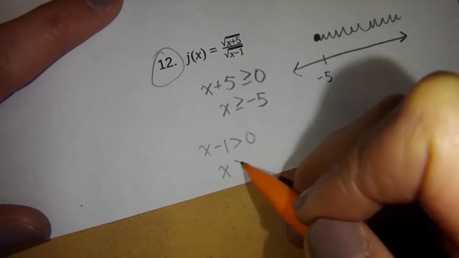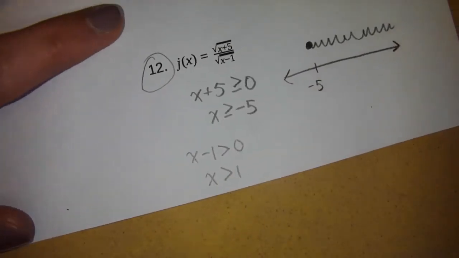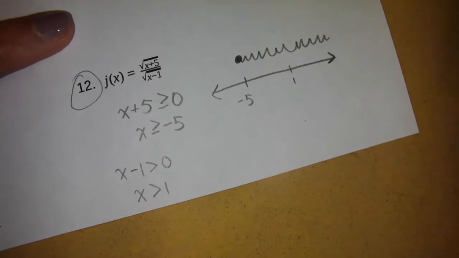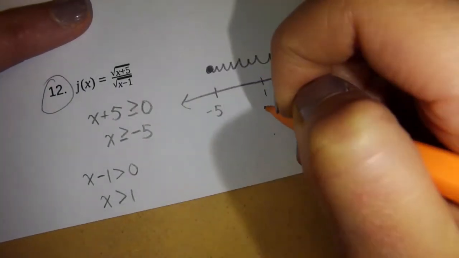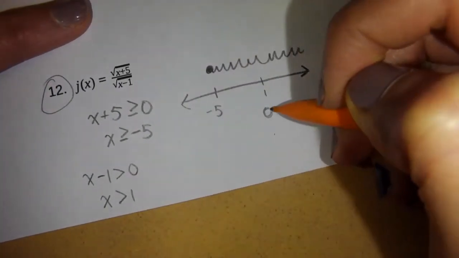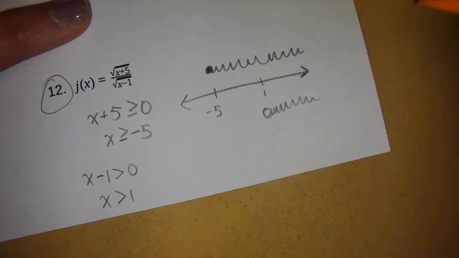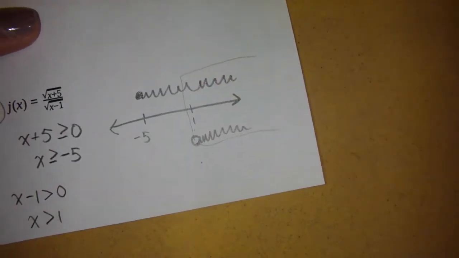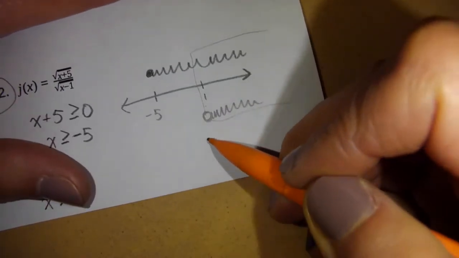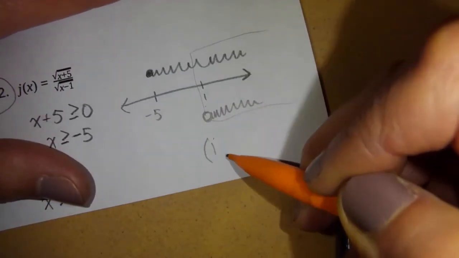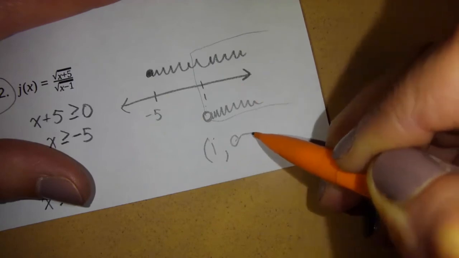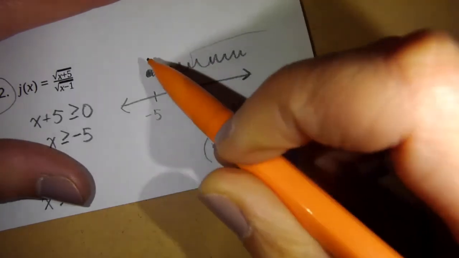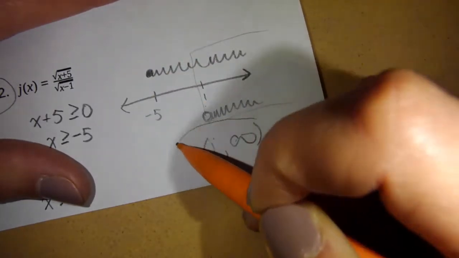When I add 1 to the other side, I have x is greater than 1. So here I'll make a mark where 1 is, and I'll have an open point at 1, and it has to be greater than 1. So our overlap is here on. So the overlap starts at 1 with an open point, and it goes to infinity. So it didn't overlap over here, so we won't even acknowledge that.